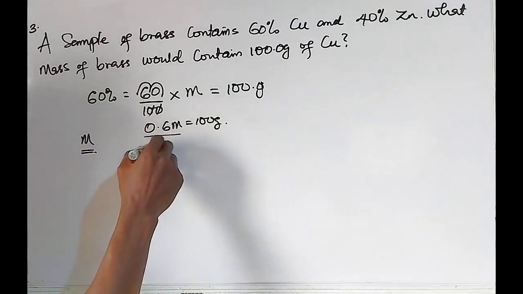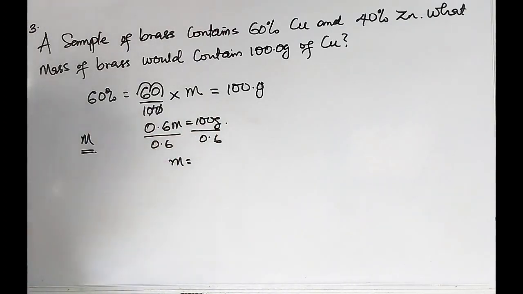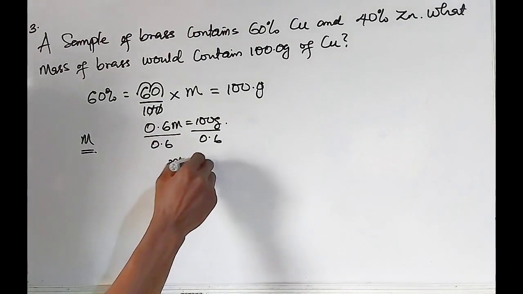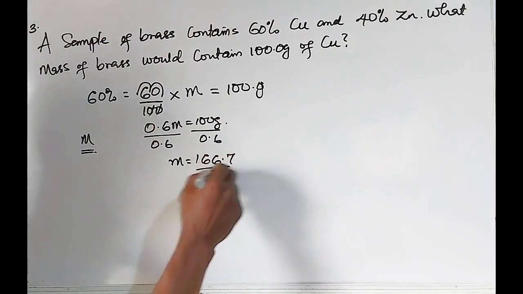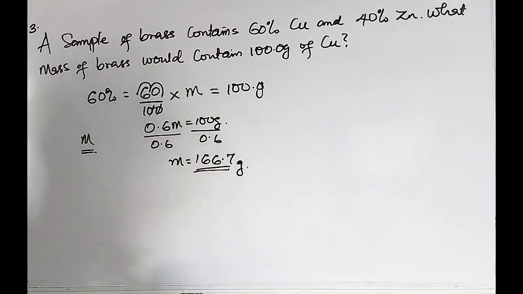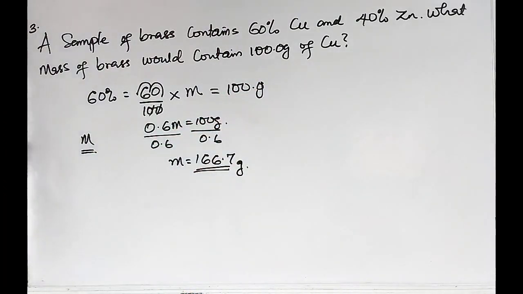Dividing both sides by 0.6, our M, by punching our calculator here, we should have 166.6666, approximately 166.7 gram. So the mass of brass that will give 100 gram of copper is 166.7 gram. Now let's move to number 4.